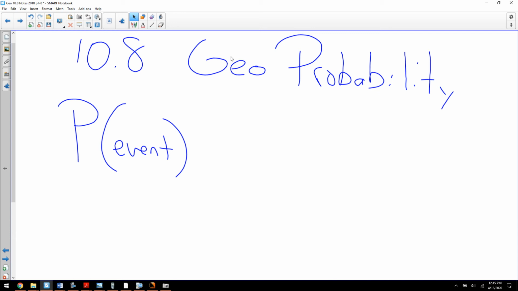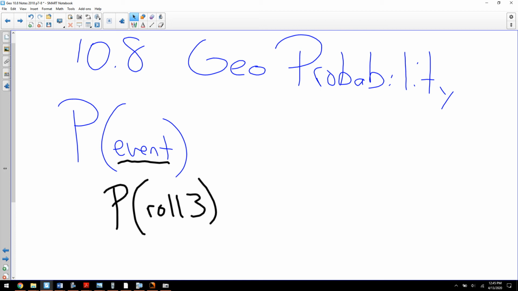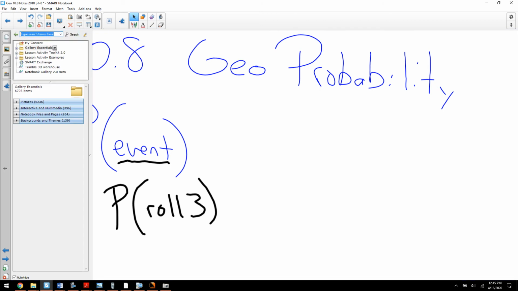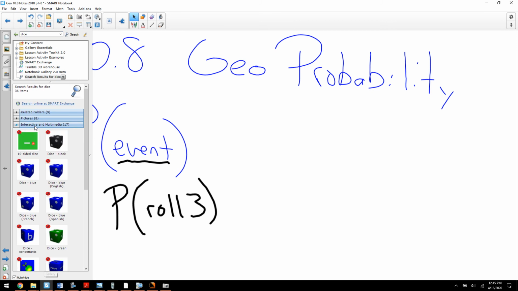And if you guys recall, when you talk about probability, you're talking about probability of an event occurring. For example, if I want to talk about the probability that I could roll a 3 on a regular single-sided die. I take a die.